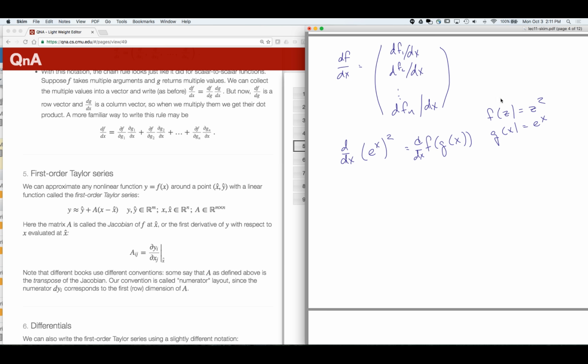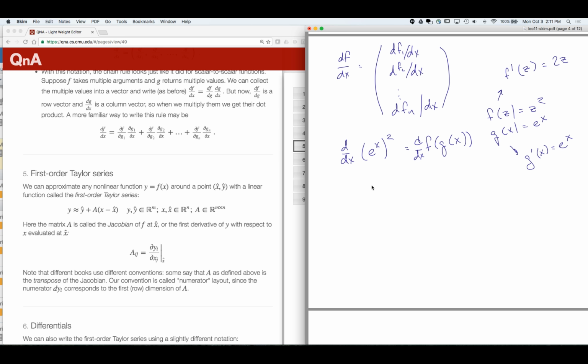So here we can compute f prime of z is equal to 2z. This is using the rule for monomials: the derivative of x to the k is k times x to the k minus 1. K is 2, so k minus 1 is 1. And then g prime of x is just e to the x again. The derivative of e to the x is e to the x.